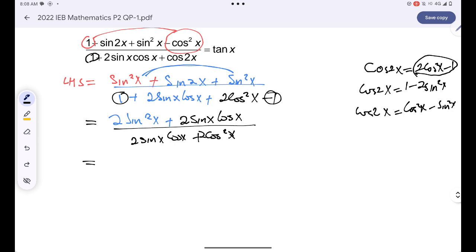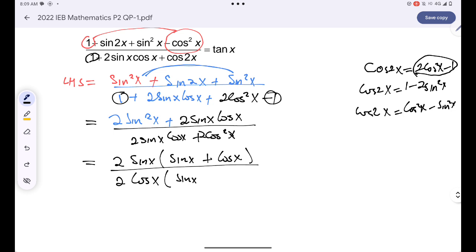My common factor at the numerator is 2 sine x. Whenever I take out 2 sine x, I'll be left with sine x plus cos x. And then at the denominator, I can take out a common factor of 2 cos x. Whenever I do that, I will be left with sine x plus cos x.